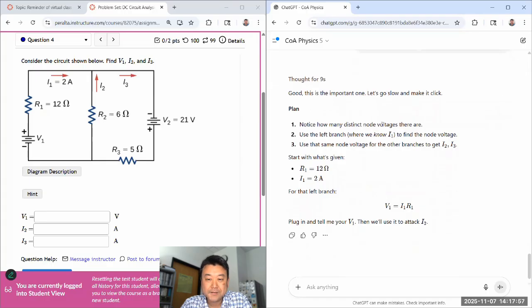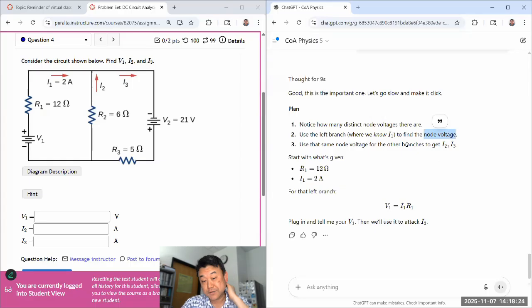"Notice how many distinct node voltages there are." Not sure what it means by that. It's definitely not a language I use in the lectures. Junctions we use, but okay. "Use the left branch where we know I to find the node voltage." It's possible that's a language used in electrical engineering.